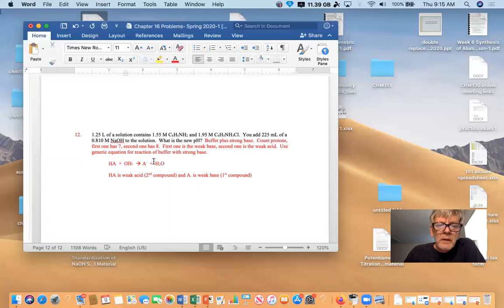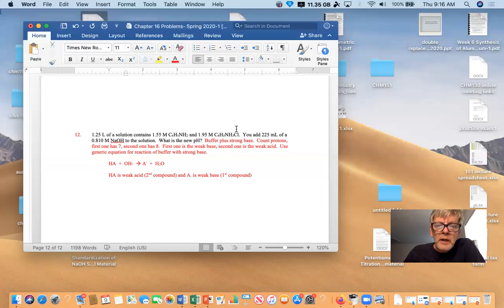Okay. So the emphasis I put on this one is, again, you've probably not seen these chemical formulas, but as long as you can count protons, that's all you need to be able to do. We see this chemical formula has 5 plus 2, it has 7, whereas this chemical formula has 5 plus 3, it has 8.